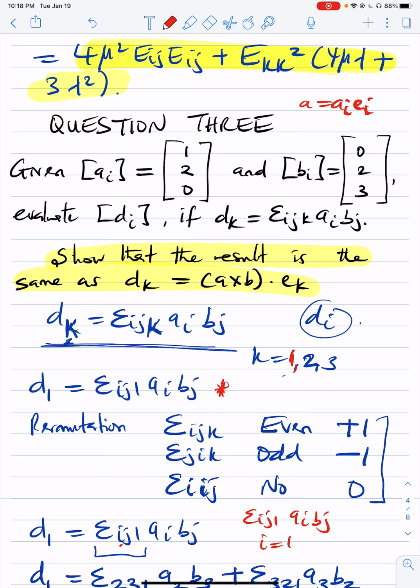So what that means is A itself will be equal to A1 plus 2E2, right? Then B will be Bi. So B will be equal to 2E2 plus 3E3. Does that make sense?